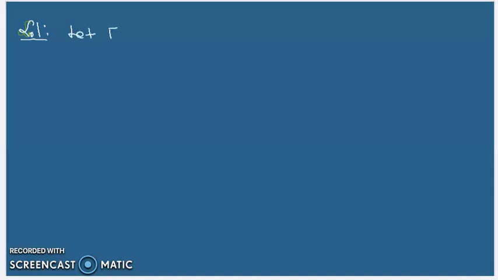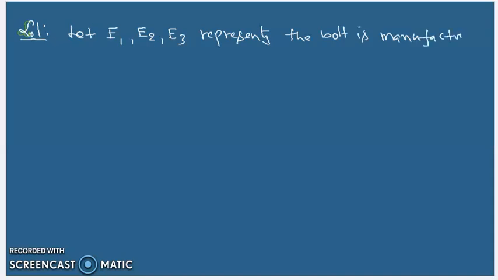We are going to construct the events E1, E2, E3, be the three events represents the bolt is manufactured by machine A, B and C respectively. Okay.